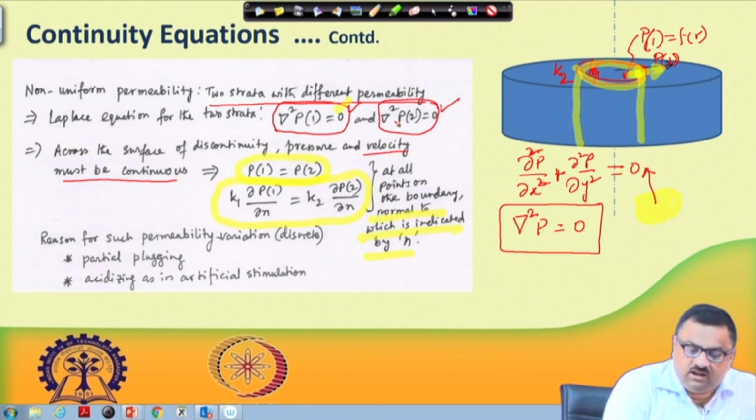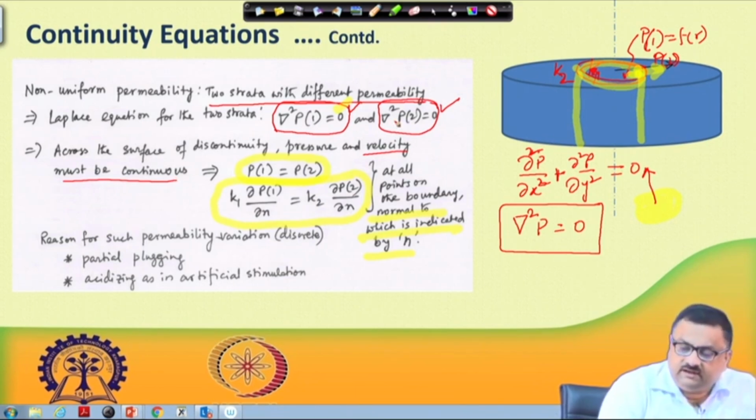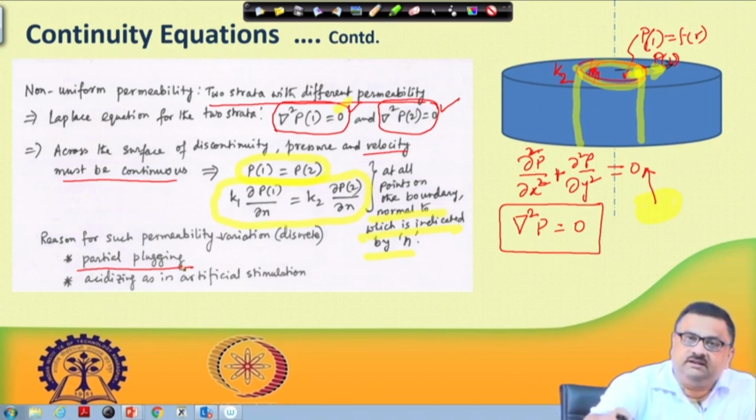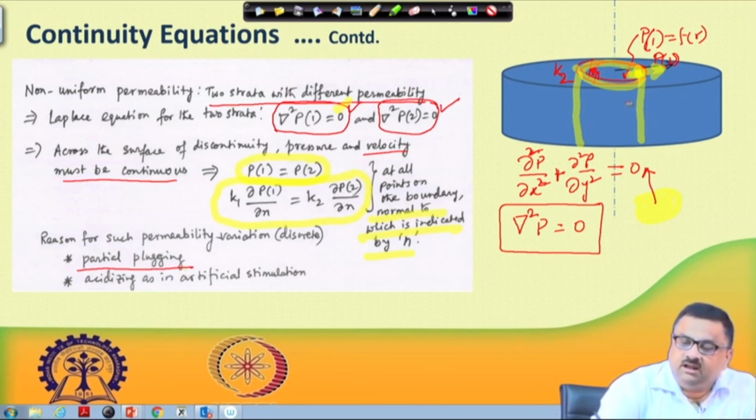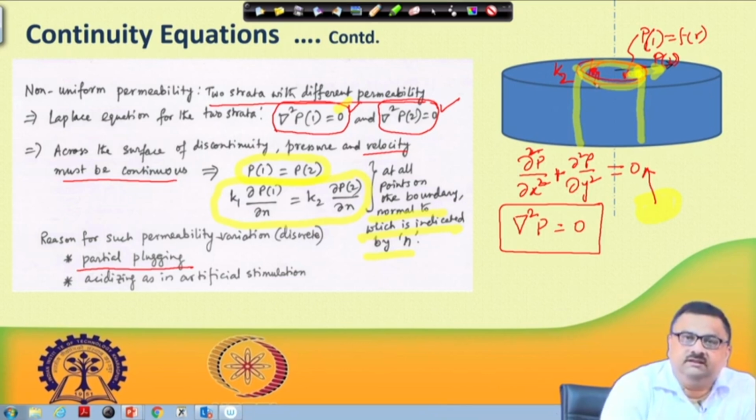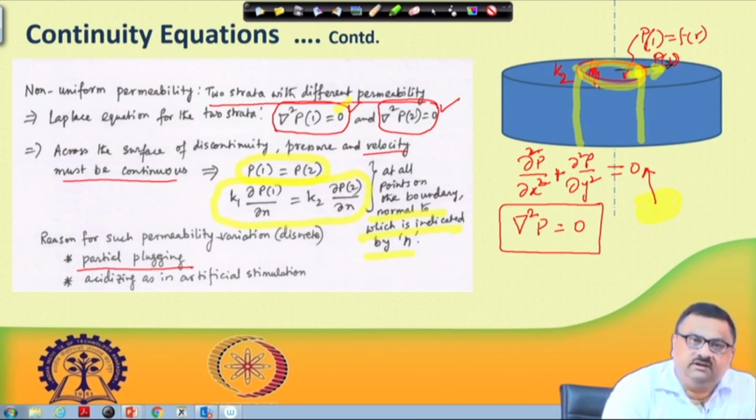The reason for such a discrete permeability variation could be partial plugging. Partial plugging means something is being injected, for example at the time of drilling or at the time of fracturing, and there are fluids which contain some suspended matter. That fluid enters the pore space and plugs it, so obviously the permeability will decrease at those locations.